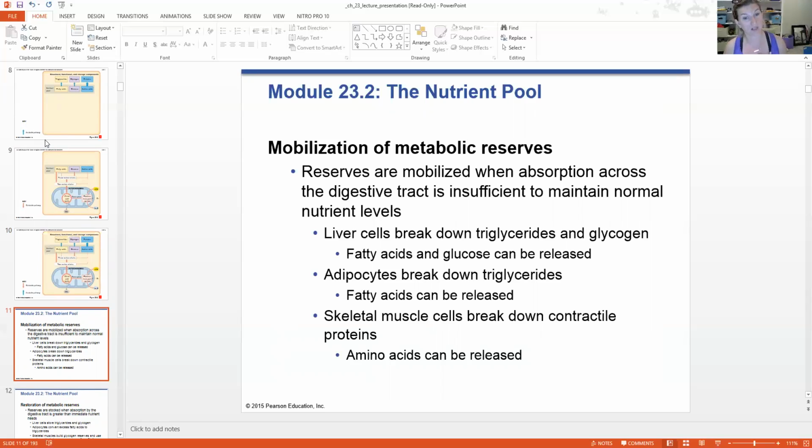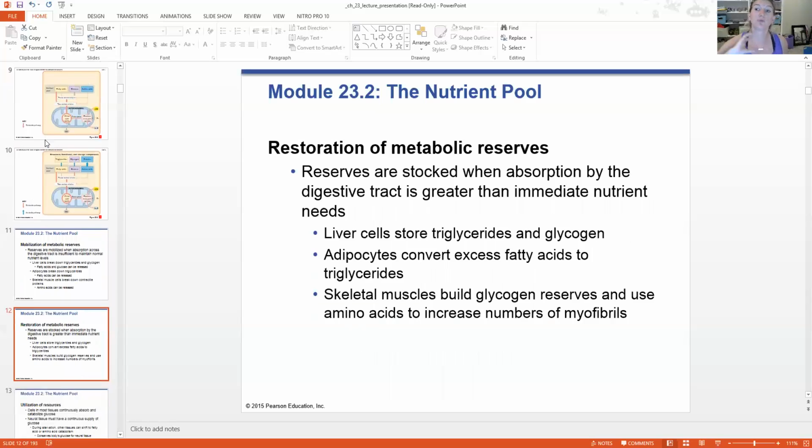Those are going to break down triglycerides and release fatty acids as well. Our skeletal muscles will actually start to break down the contractile proteins, the actin and myosin. Those ingredients are broken down during times of need, and the amino acids can be released and reused in the form of energy.